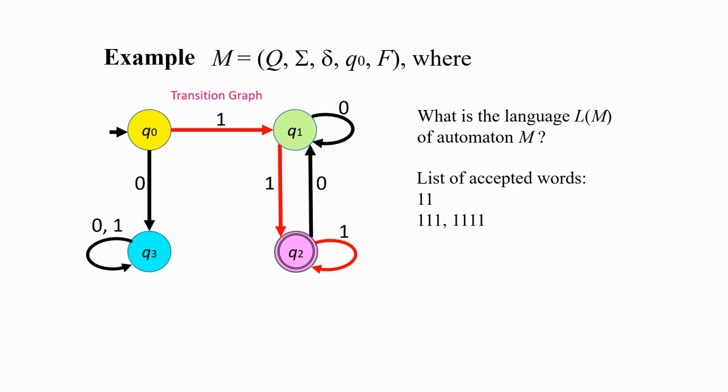In the same way, 1111 is also an accepted word, and also 11111 and so on. 101 is also an accepted word because we can start from Q0 with 1 to Q1, take the loop once in Q1 and go to Q2 with 1.